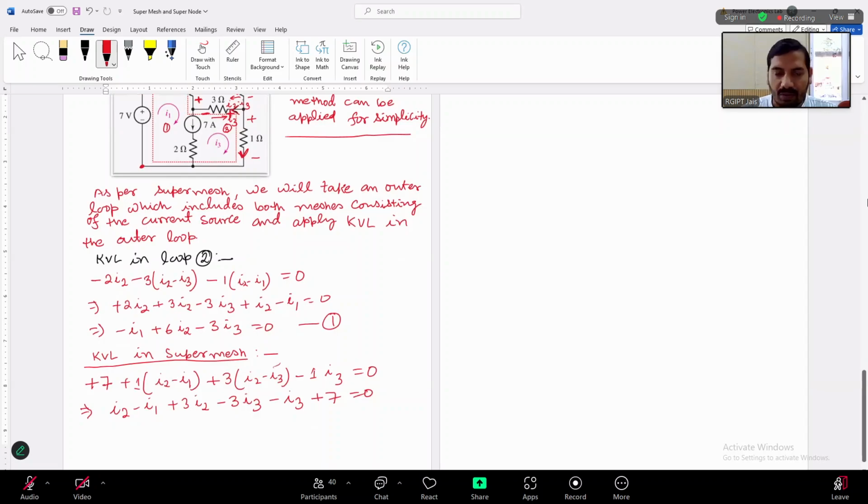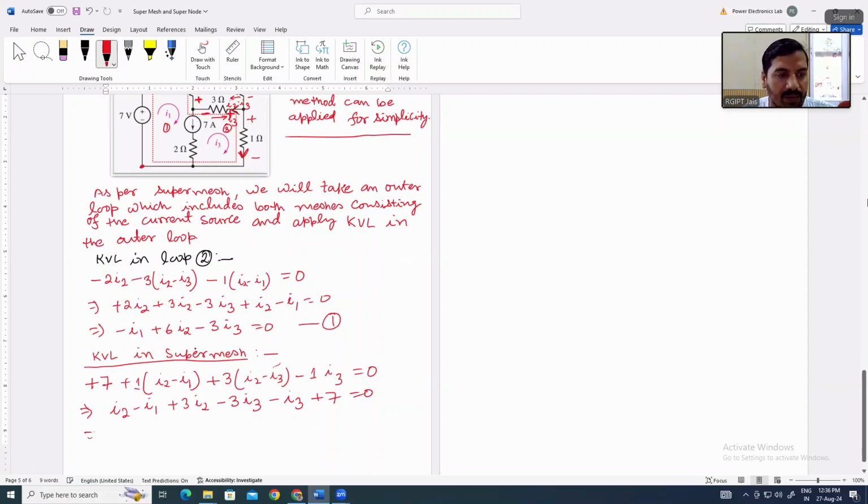Okay, so we can write minus I1, 3I2 plus I2, that is 4I2, then minus 3I3 and minus I3, that is minus 4I3, is equal to minus 7. That is equation number 2.